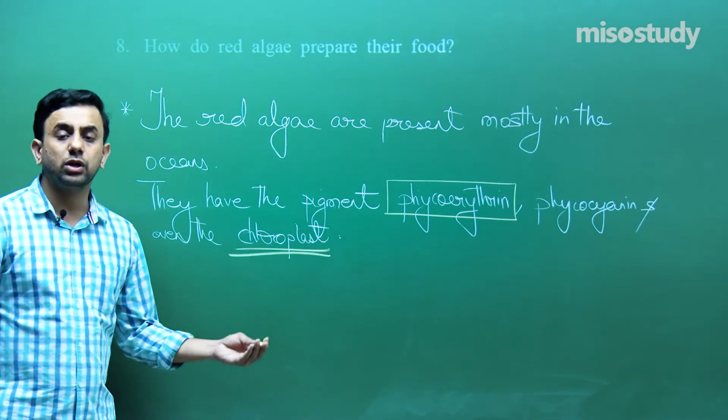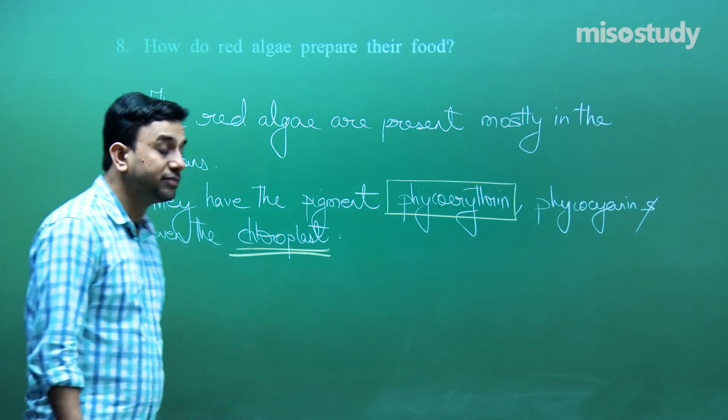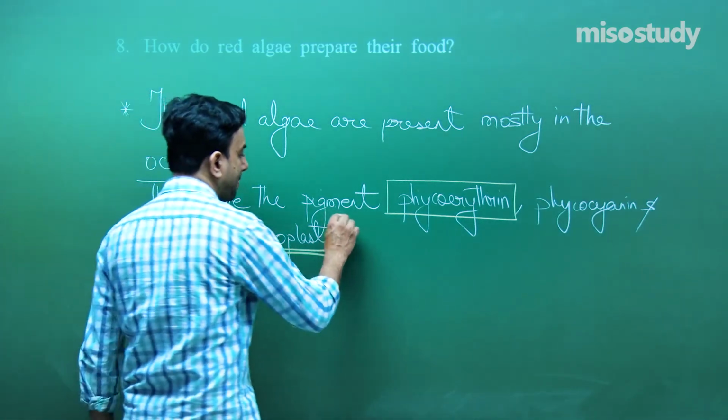So, they manufacture their own food, and hence they have autotrophic nutrition.